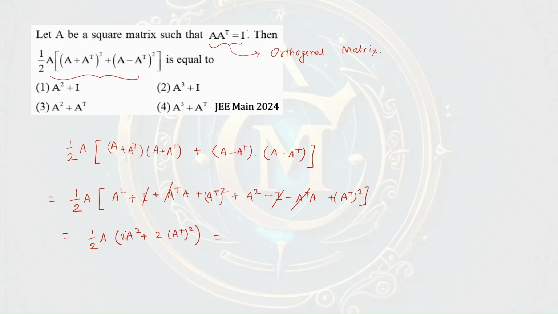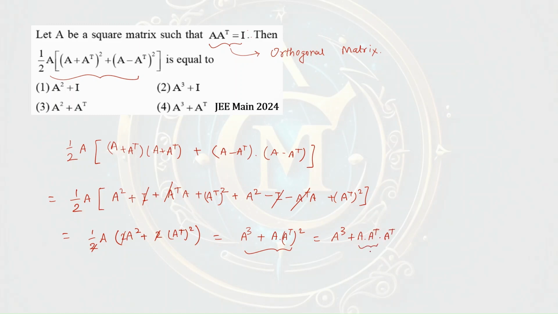That means, if we cancel the 2, it becomes A into A square, so A cube, plus A into A transpose square. Now we can write this product as A cube plus A into A transpose into A transpose.